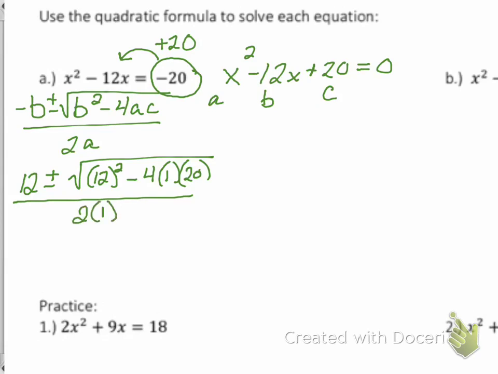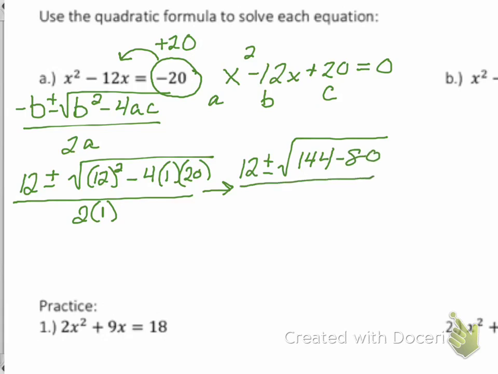So there's a lot going on, so I always advise that my students go slow in simplifying this. So let's reduce everything that's on the inside of the radical symbol. I know that 12 squared is 144, and then 4 times 1 times 20 is 80. So I've got 144 minus 80 all over 2 times 1, which is 2.